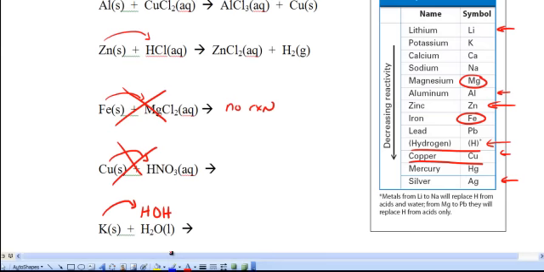And if you look on the activity series, potassium is way up at the top. I'll put a star by that one. And so that is more active than the hydrogen and will in fact replace it. So in the products, you're going to get potassium hydroxide. The potassium will replace one of those hydrogens. What you're going to be left with is the hydrogen that goes off on its own. Of course, that just goes off as H2. That'll be a gas. And this will be aqueous. So in fact, that reaction does occur.